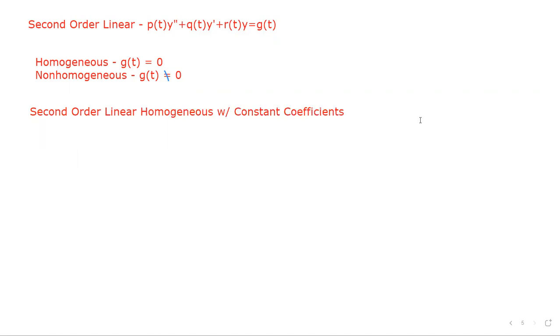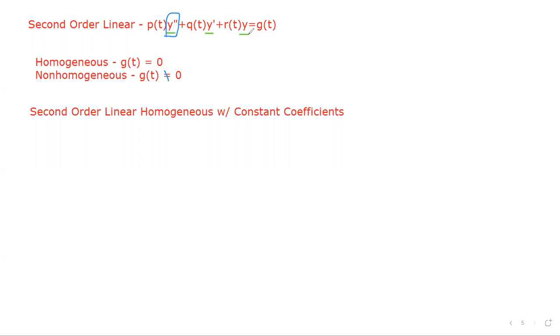So there's a mouthful for you. Let's break it down bit by bit. So second order. That means we're going to have a y double prime somewhere in there. Linear. All of the y terms are going to be to the first power.